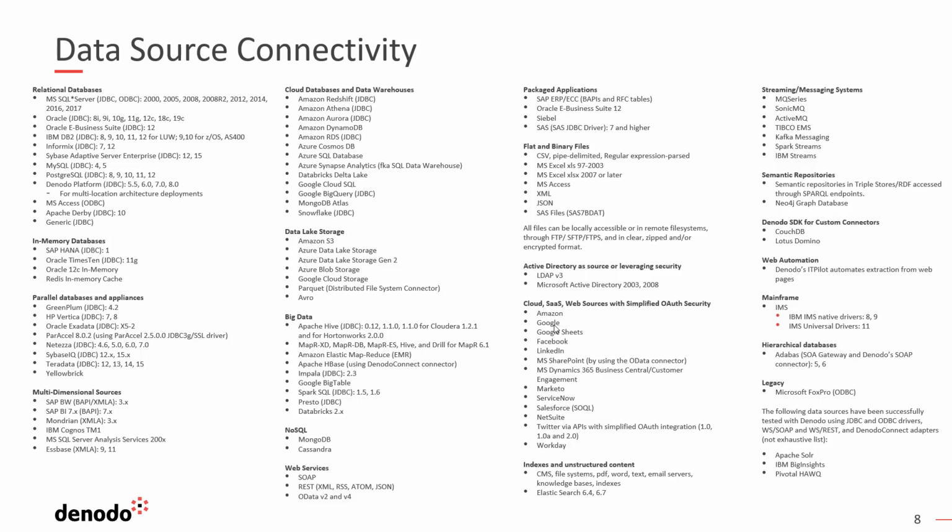This list has been added to all the time as we add new connections, update connections, etc. So it runs from your traditional databases, data warehouses, etc., in-memory databases like SAP HANA, Oracle TimesTen, your parallel data warehouses like Netezza, Teradata, Yellowbrick, etc., multi-dimensional data warehouses like SAP BW, cloud databases and data warehouses up on Amazon, up on Microsoft Azure and on Google Cloud as well. And then including those neutral ones like Snowflake, which run on multiple clouds.